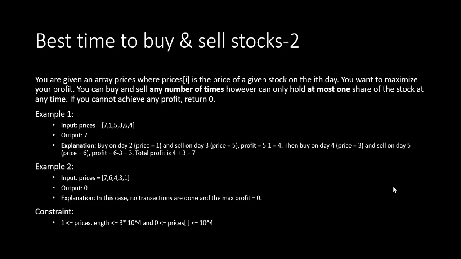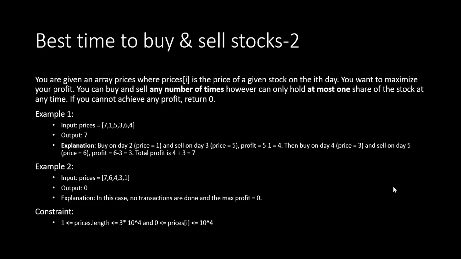How is it 7? Let's say we bought on day 2, that is price 1. We sold on day 3 at price 5, so we got a profit of 4, 5 minus 1.